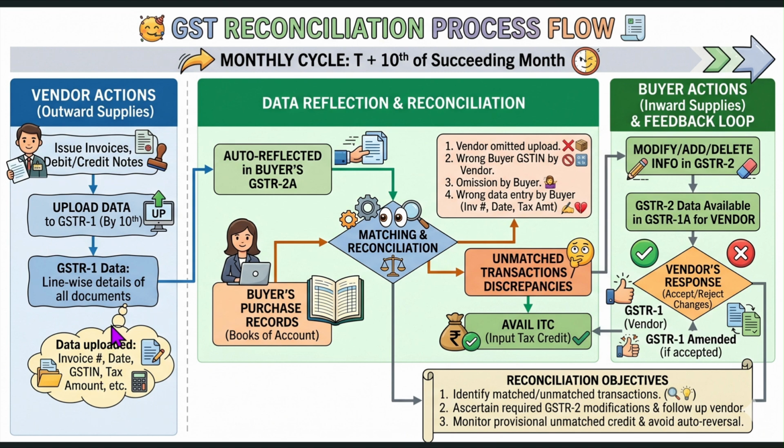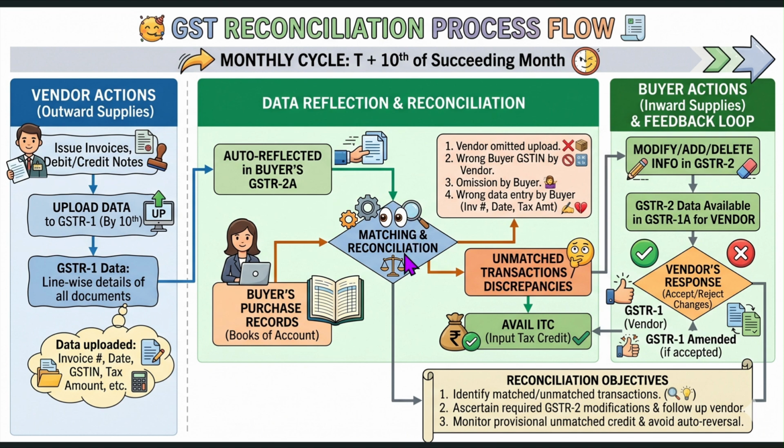Once they upload the data to the GST portal, it shows on the buyer side as GSTR-2A. But here, multiple lines become one consolidated line, showing the total amount you bought of the goods from this supplier.